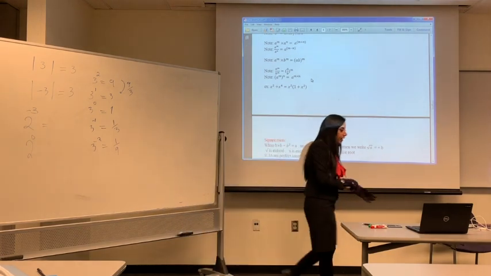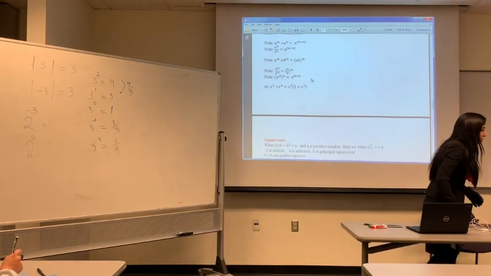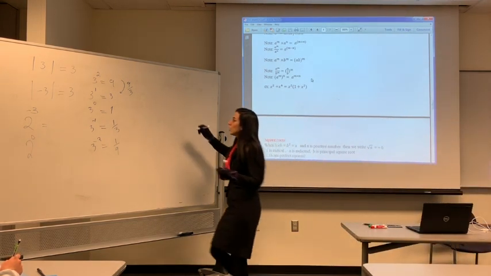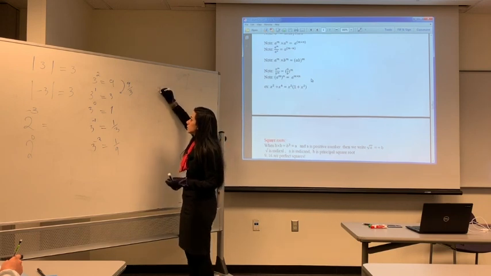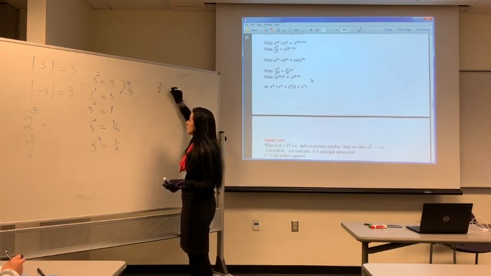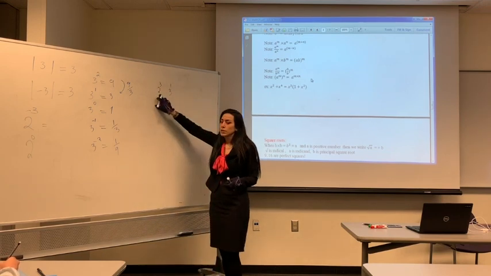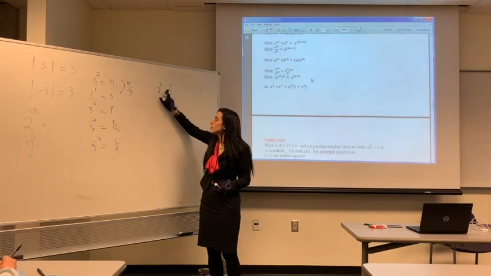Okay, so now I'm going to give you some rules to multiply two powers. So this is 2 power 3, correct?